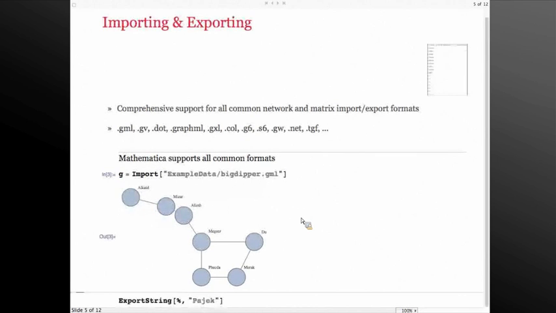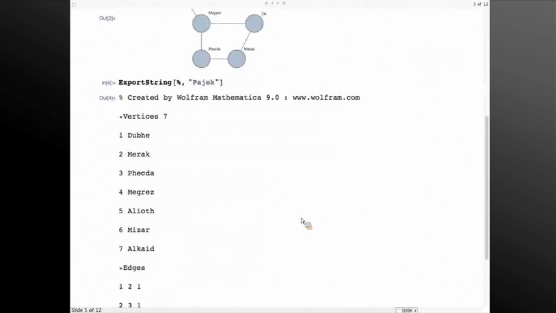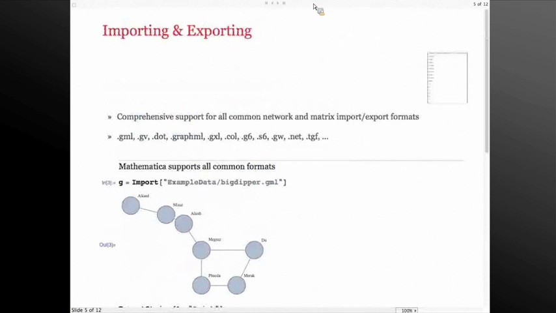Here you can import a GraphML file, and you can also export it to other data formats like Pajek. If your colleague has Pajek and wants to play with your data set, you can just do your work in Mathematica and export it and distribute it to your users.